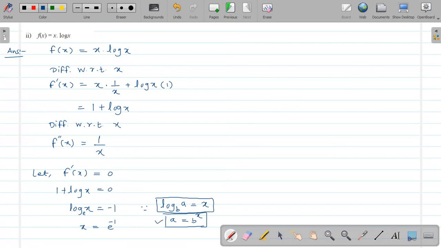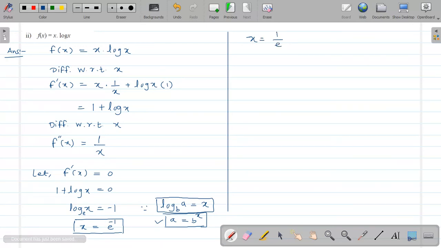That is a is equal to b raised to x. So by this relation we get x is equal to e raised to minus 1. If log x is equal to minus 1, then you will get x is equal to e raised to minus 1. That means we get x is equal to 1 upon e. We get only one point here.